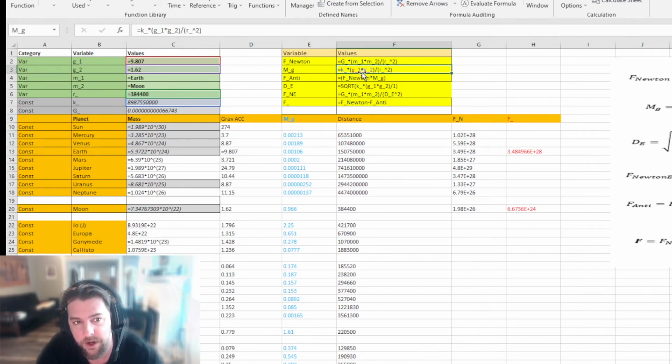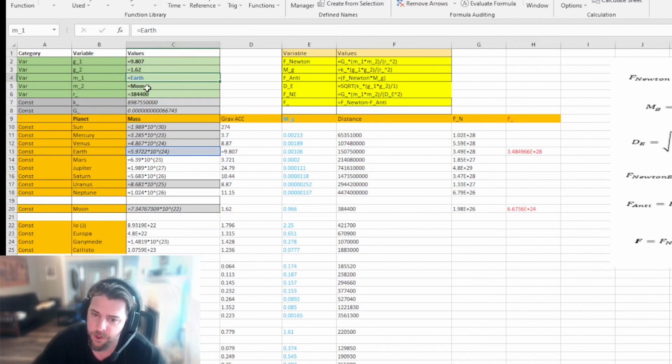So yeah, I thought I would share this with you guys and show you what I've got so far. I'm kind of heartbroken. When I did the very first calculation of the Earth and the Moon, it just happened to cancel out to almost zero, exactly what I wanted it to do. Of course, I was very excited.